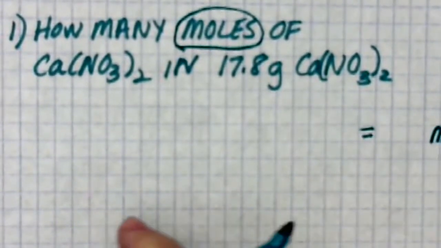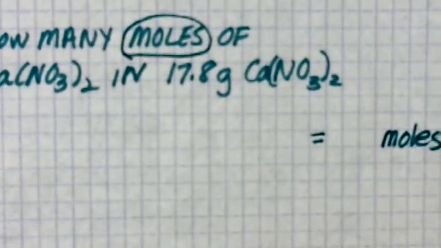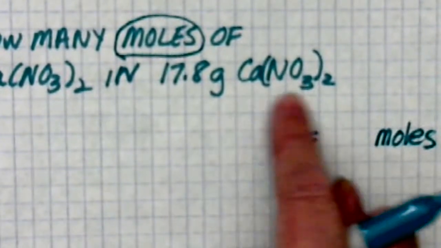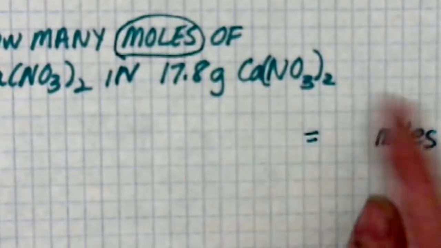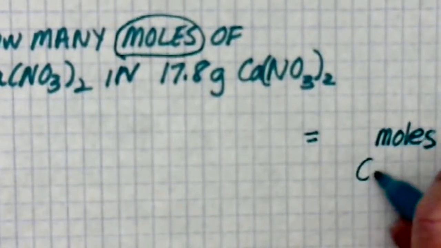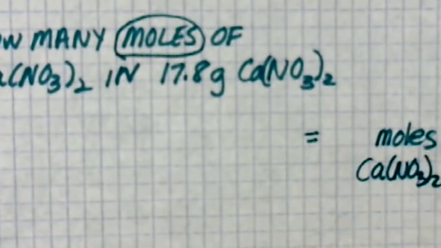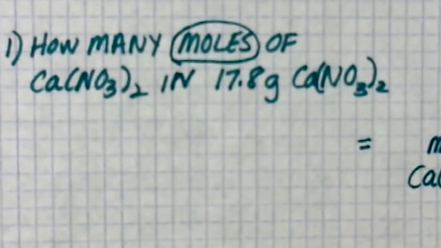And in this unit, we really need to remember to write down what we have. Moles of what? Grams of what? Because sometimes they're going to change right in a problem. So we should get in the habit of doing that from the start. So these are moles of calcium nitrate. So that's where I'm going. Now I read the problem.